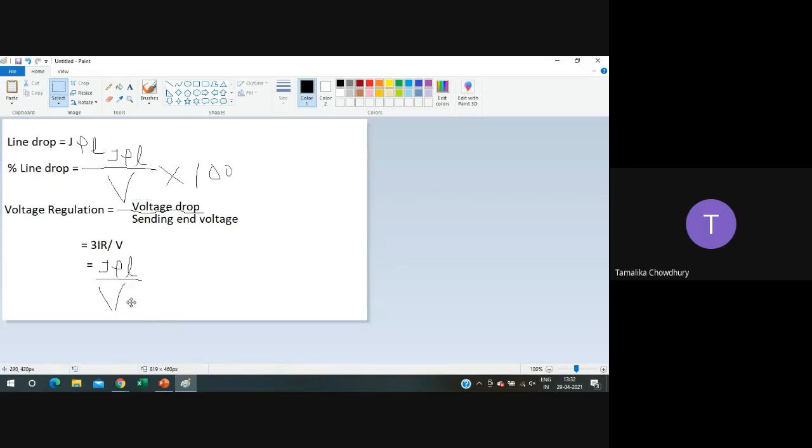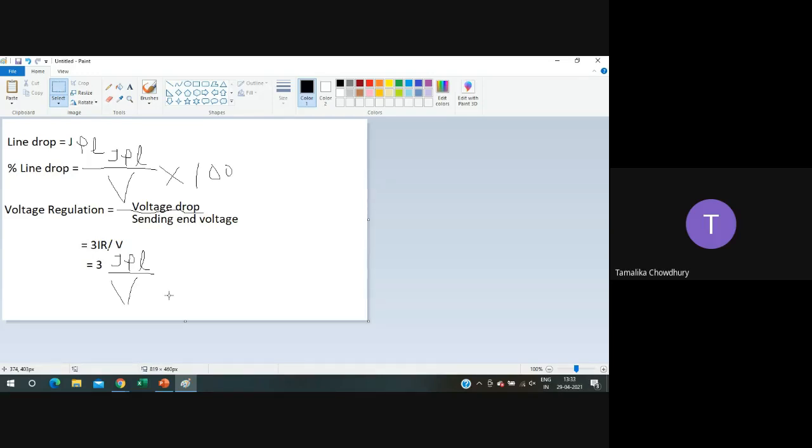Yes or no? Yes, ma'am. So 3J rho L divided by V, here goes our voltage regulation. So this is also the voltage regulation.